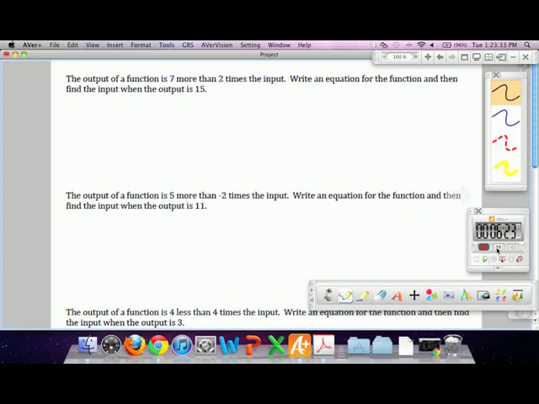We used the words input and output to describe two variables. The input of a function is its domain, its x value, and the output, what you get out from a function, is its y value.